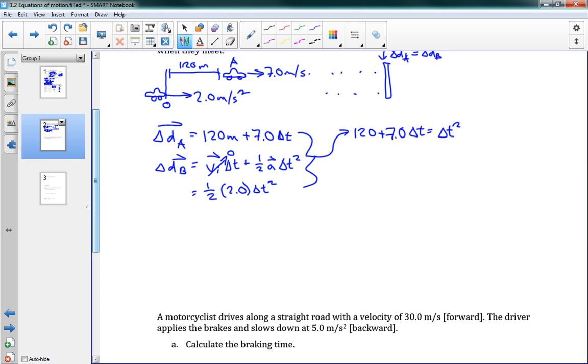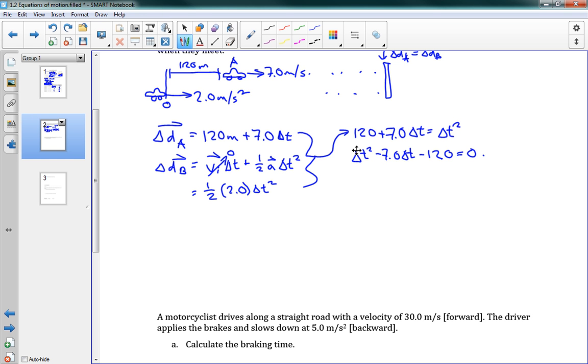And then, actually, we're going to have to factor this. So we'll bring this all up onto the same side. This gives me delta t squared minus 7.0 delta t minus 120 equals 0.